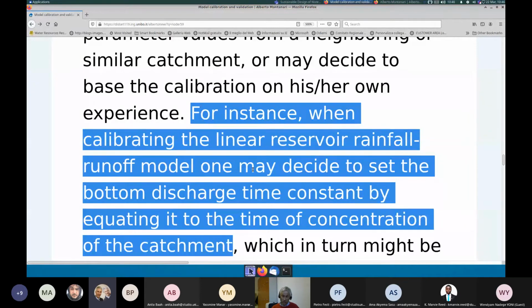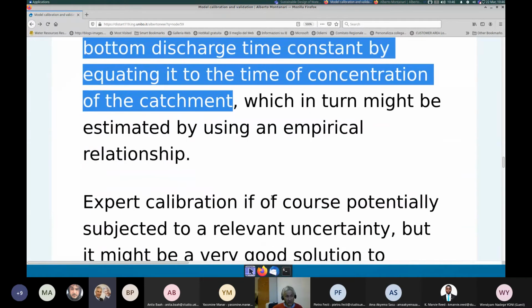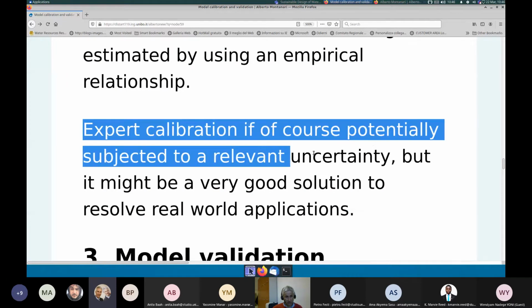And for instance, the literature tried to make multiple comparisons with several other catchments instead of only one, and with more or less sophisticated approaches, but still expert calibration is subject to a relevant uncertainty.